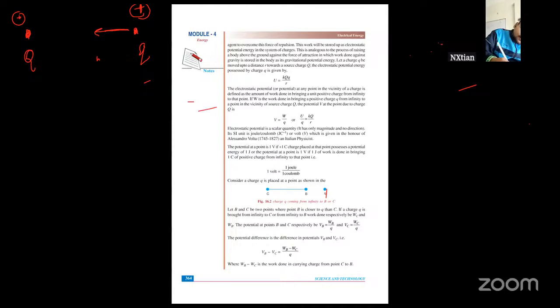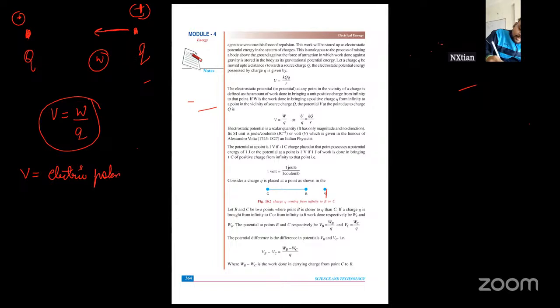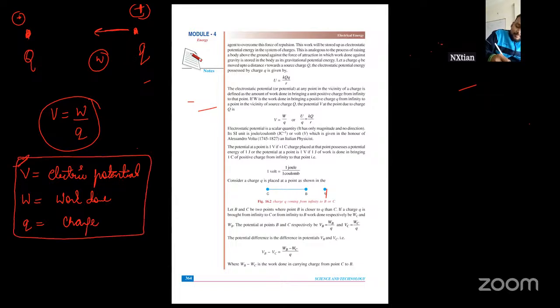So the work done to bring a charge from infinity to another charge stands for electric potential, where V is electric potential, W stands for work done, and Q stands for charge, the charge which I am bringing. Understood? Did you understand, guys? Abigail, Jehovan, everyone.